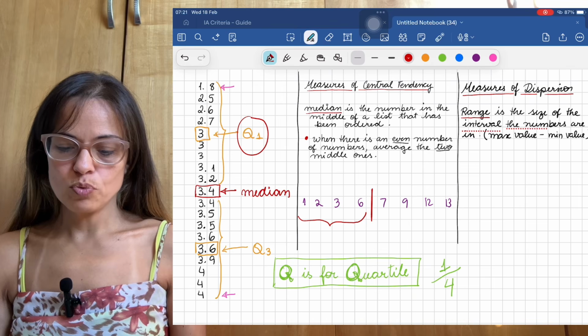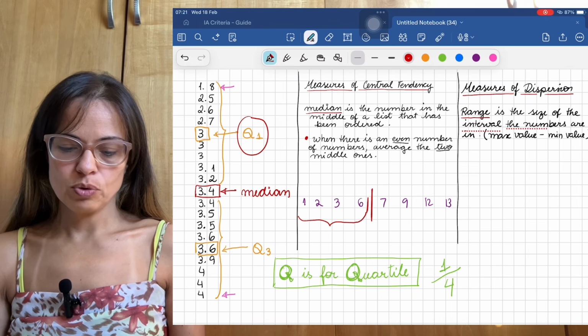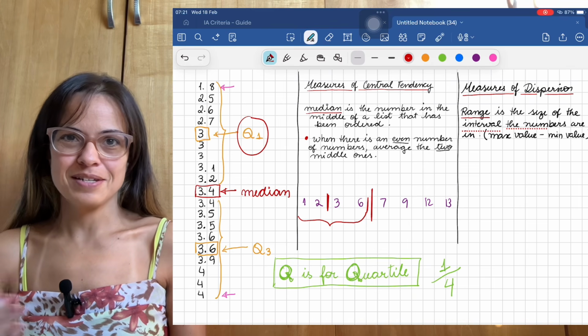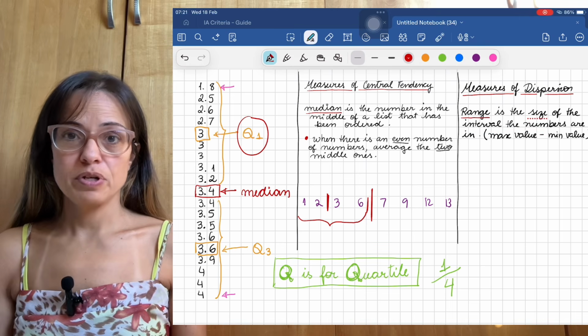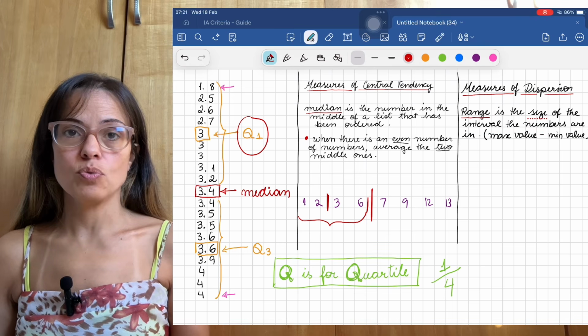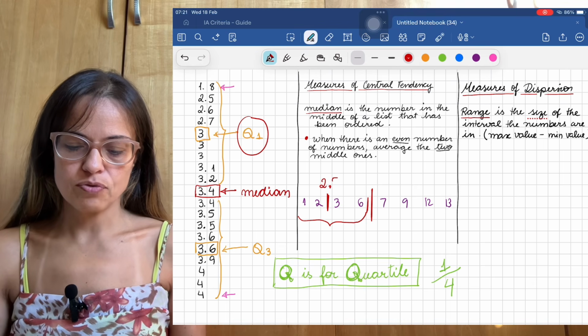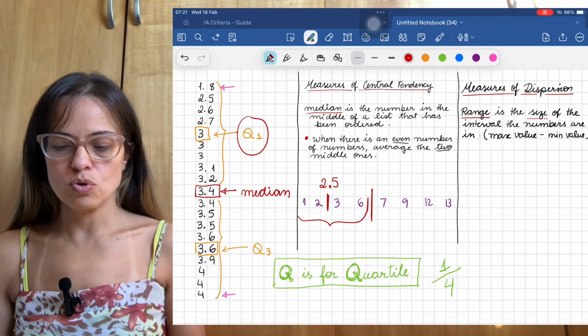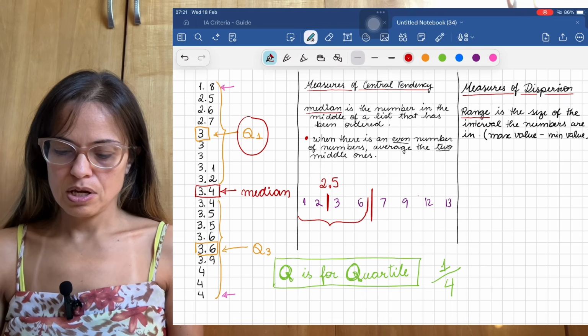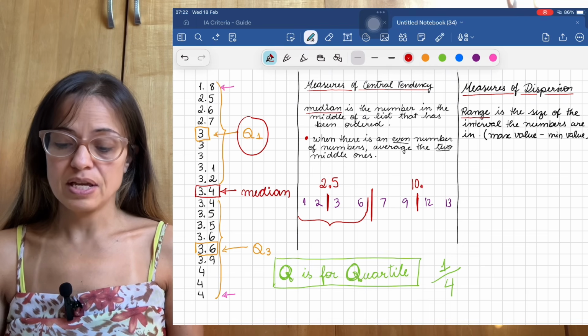But in this example, we do include the 6 when looking for the Q1 because 6 was not the median. And also because in this case, we're looking for Q1 as the median of 4 numbers. Again, we are going to use the average of the 2 middle values. So Q1 is 2.5. And over here, Q3 would be 10.5.